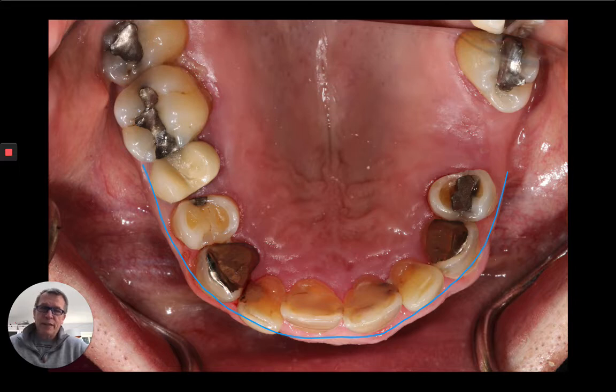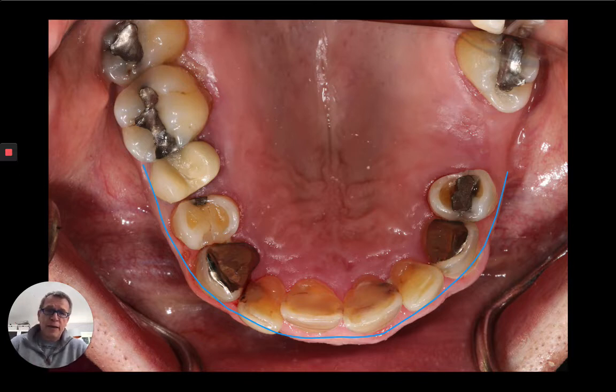But I also have a little rule of thumb, which is if there's a path of insertion, I'd almost always rather do indirect. And I have a lot of digital stuff, so I can make things myself. But indirect, whether we make it digitally or on a model first and then just glue it in, makes my life easier because I can just glue things on rather than spending hours in someone's mouth trying to tidy things up.